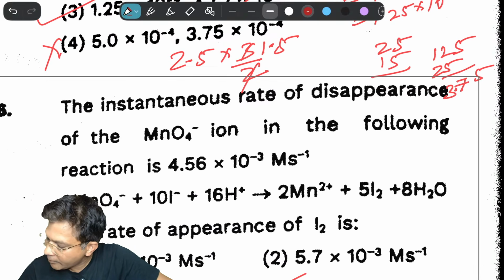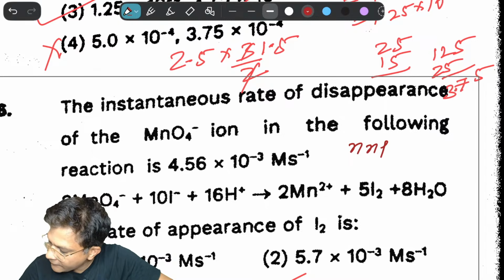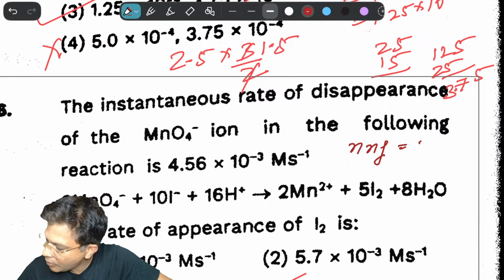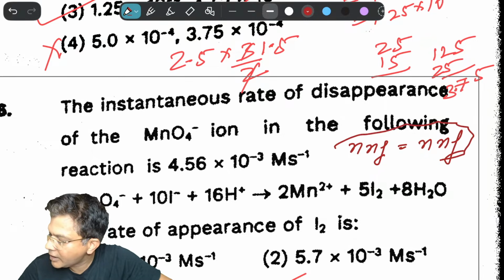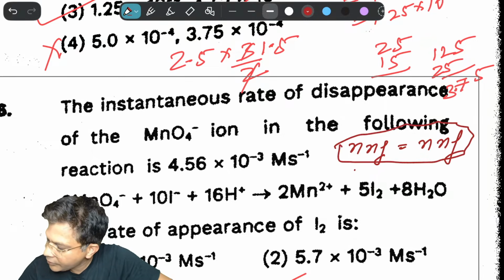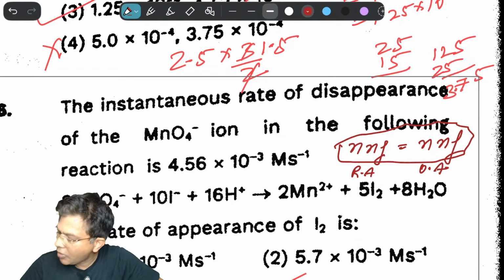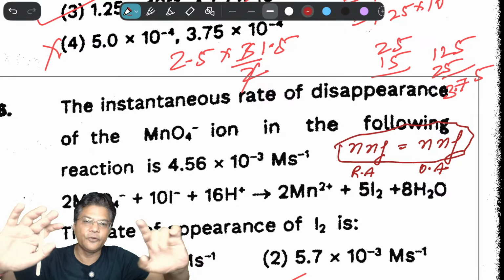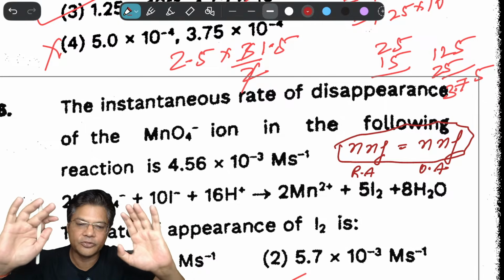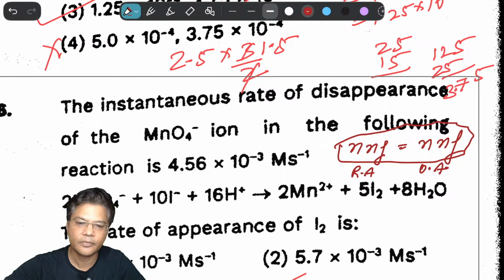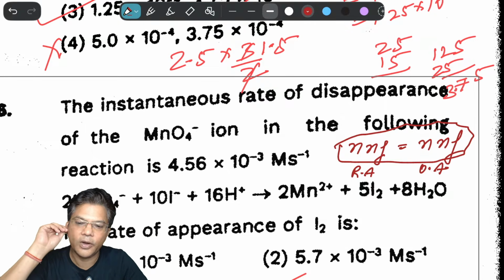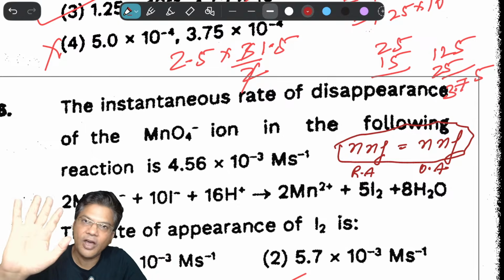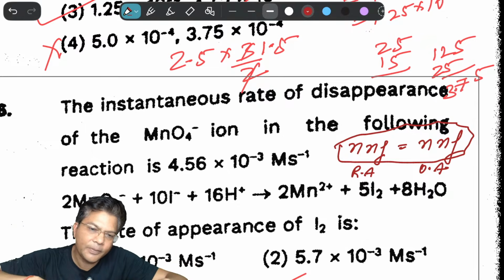If you remember, moles into n factor of one thing is equal to moles into n factor of another thing, the law of chemical equivalence, that reducing agent is equal to oxidizing agent, or acid is equal to base. If you know the mole concept, you must have studied. Have you studied the law of chemical equivalence? Now, same thing should I apply over here?